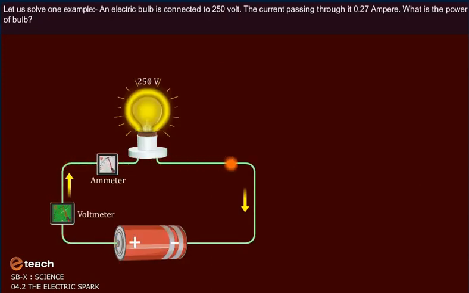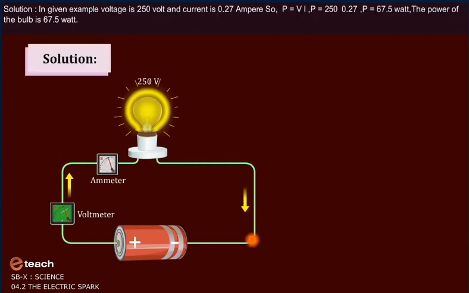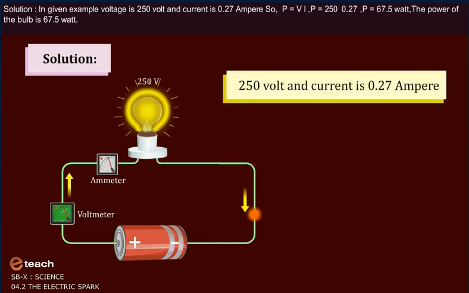Let us solve one example. An electric bulb is connected to 250 volt. The current passing through it is 0.27 ampere. What is the power of bulb? The solution is, in given example, voltage is 250 volt and the current is 0.27 ampere.